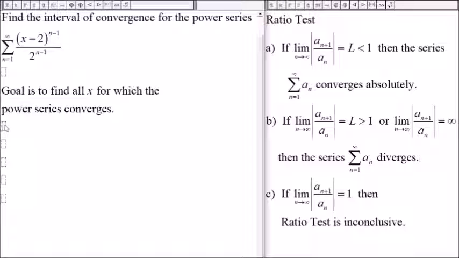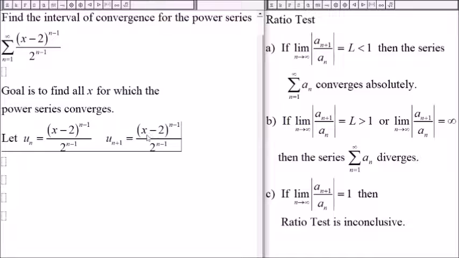So we'll use this part right here, and to get u sub n plus 1, in the place of n, we just put n plus 1.